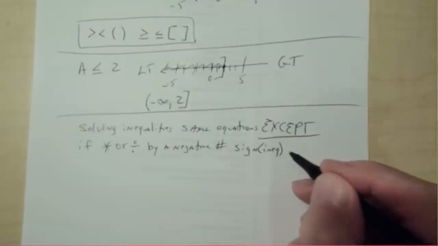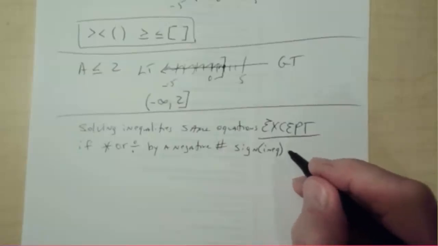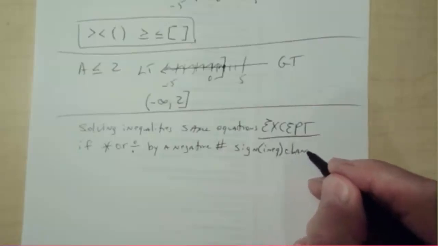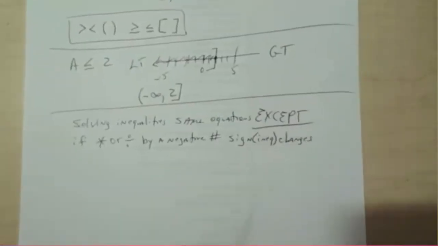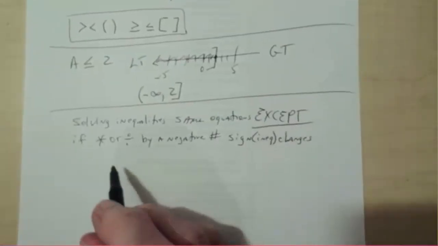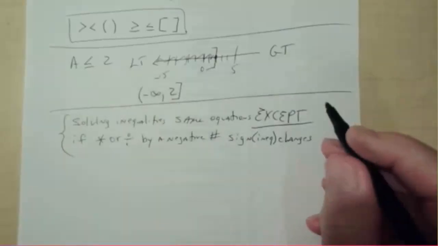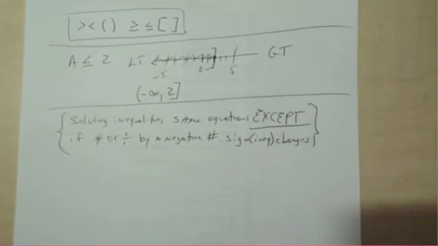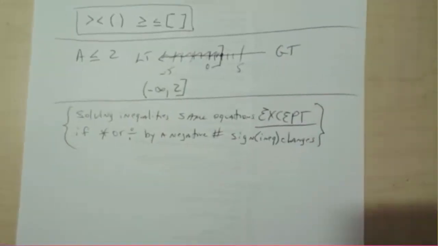The inequality sign changes. Okay. Solve inequalities exactly like you do equations, except if you multiply or divide by a negative number, the sign flips.